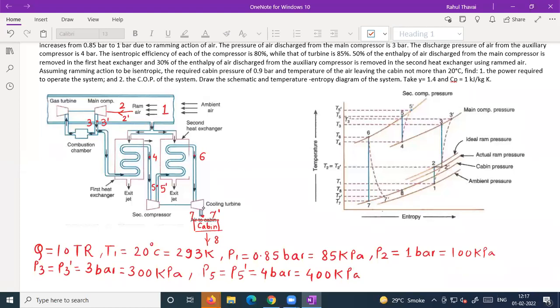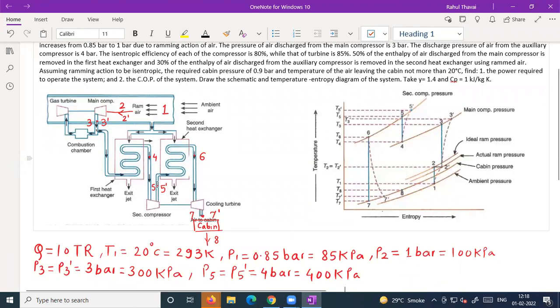400 kilopascal. Okay, see here. The discharge pressure from the auxiliary compressor, the secondary compressor, means the pressure available at the exit.